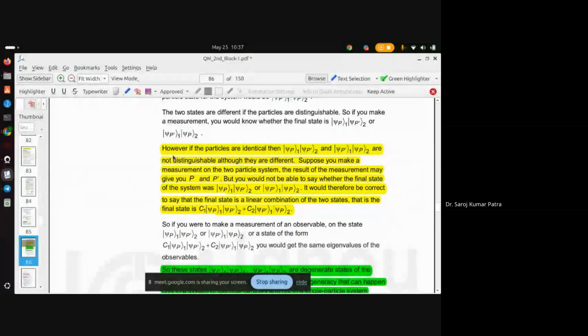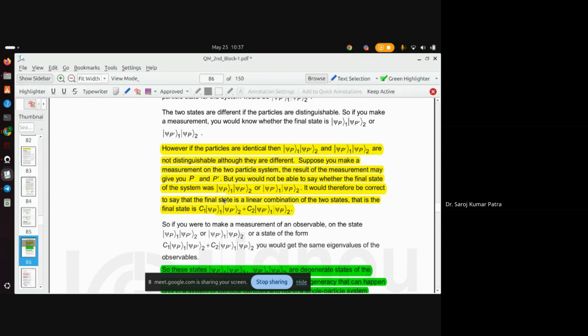So it is written here, if particles are identical, then psi p1 and psi p prime 2. So this is attaching first particle 1, second particle 2, and psi p prime 1 and psi p2 are not distinguishable, although they are different.